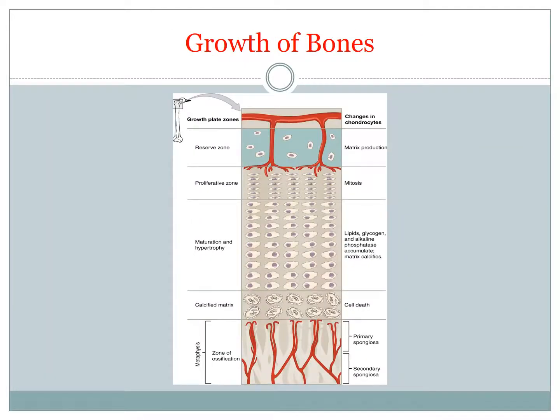Now, growth of bones occurs by two primary processes as well. We have longitudinal growth, which is lengthwise growth in a bone, and we also have appositional growth, or width or diameter growth.